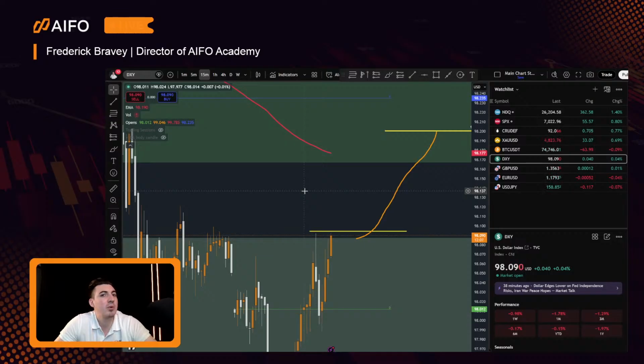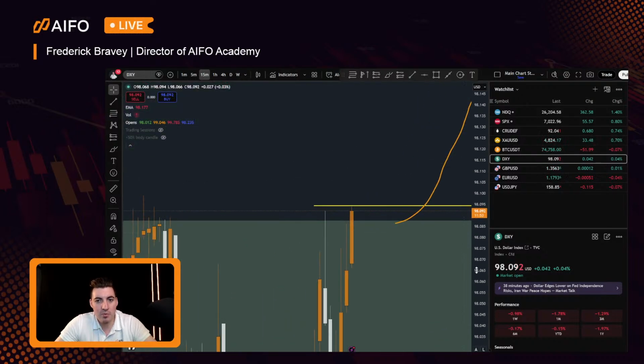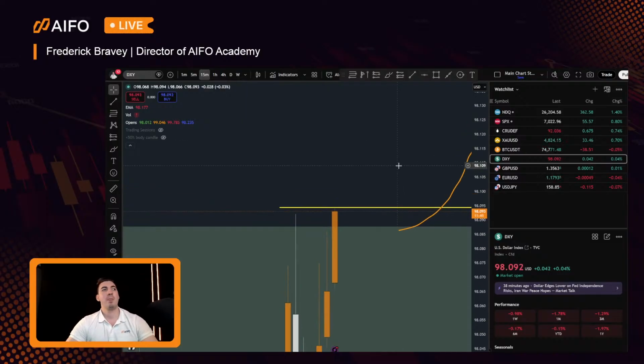That is something that we have to be very careful of. Here we go. Finally, are we going to break this resistance line? Be a beautiful indication if we can.